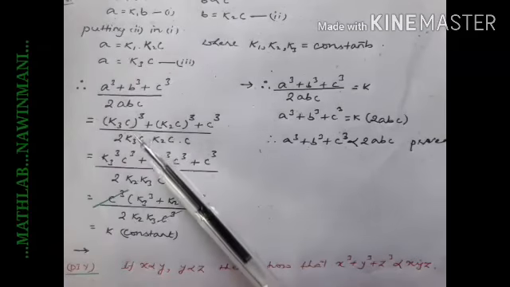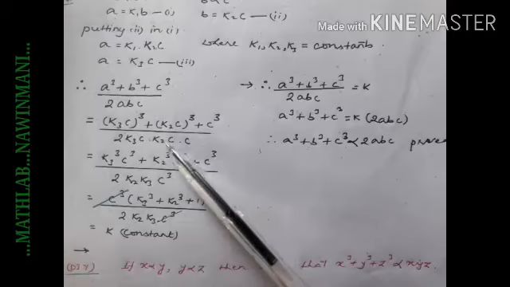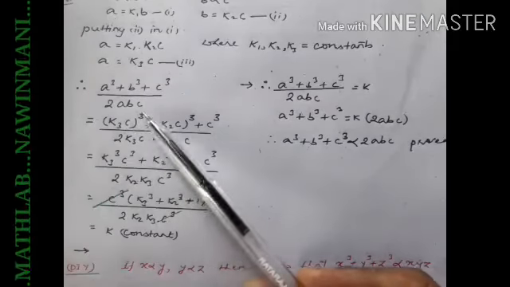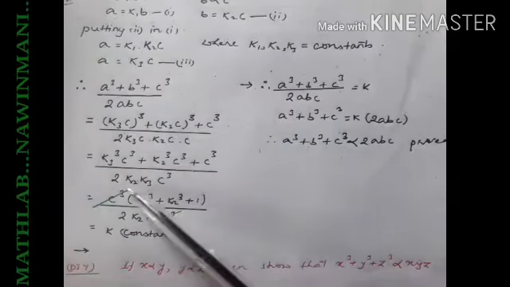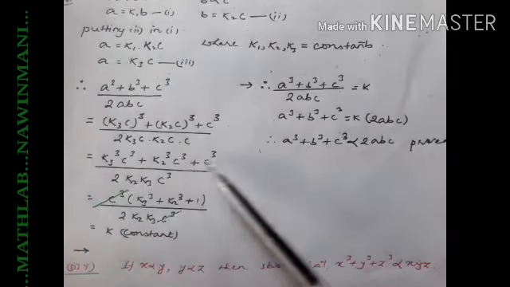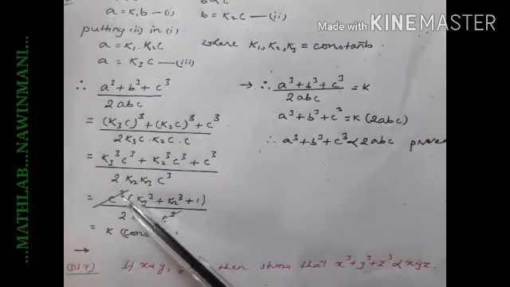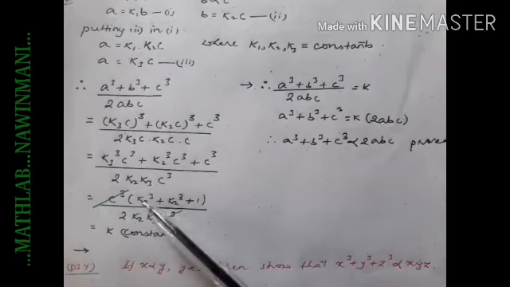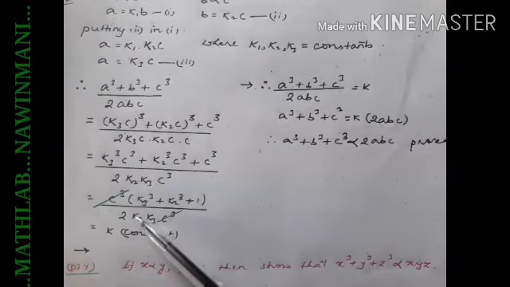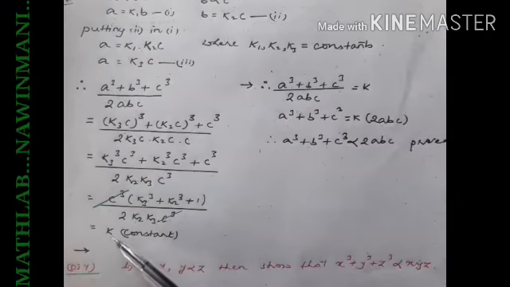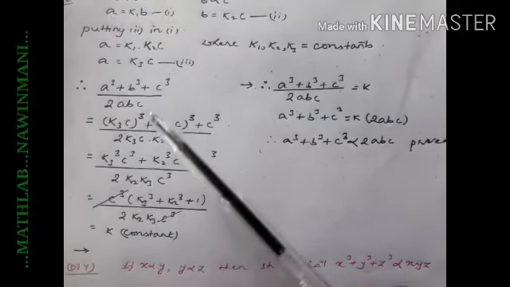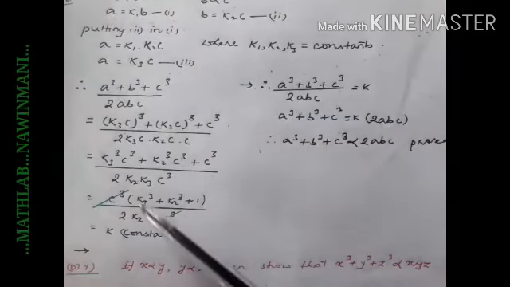Here also instead of A k3c, instead of B k2c. Then open up the bracket. Into is there, so power will be distributed. Then c cube can be taken common, and this is in into form, so c cube and c cube get cancelled. So whatever is left are all constants, which I can take as a simple new constant. So what I get ultimately, this is equal to k.